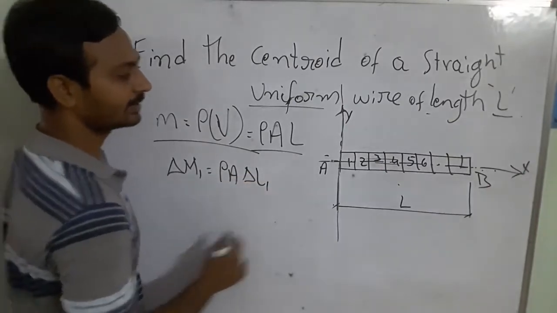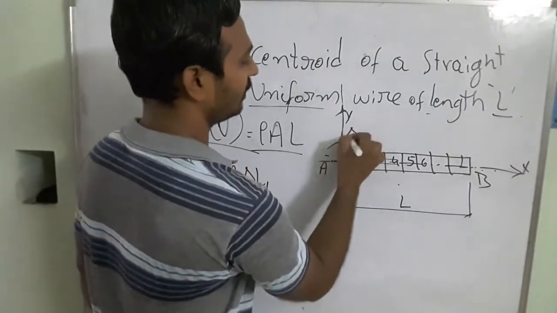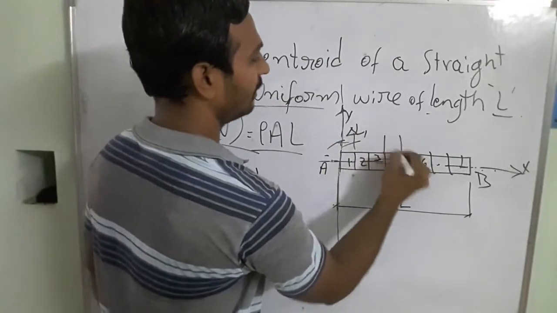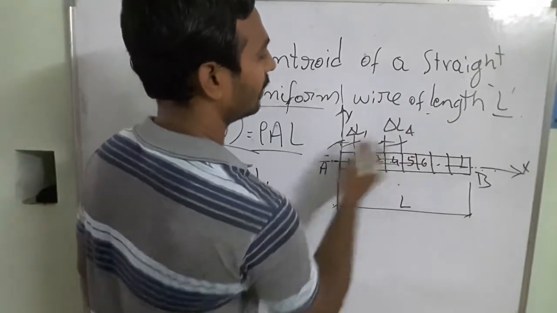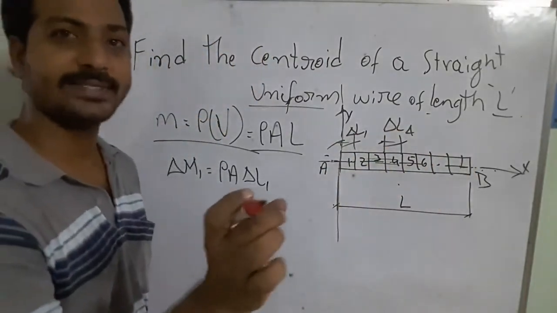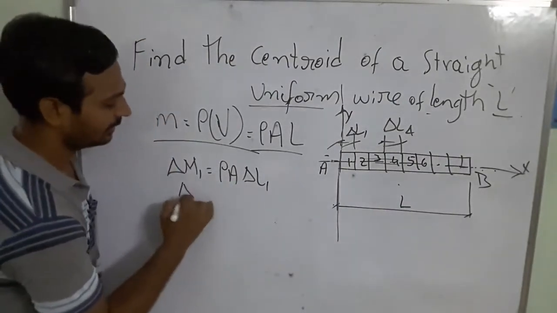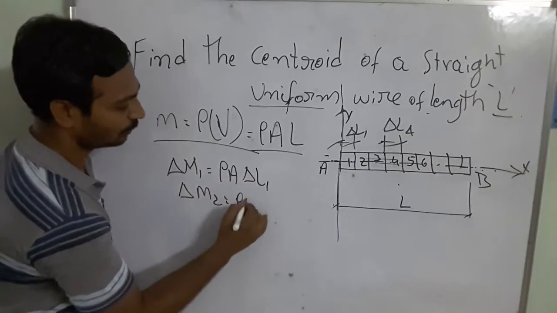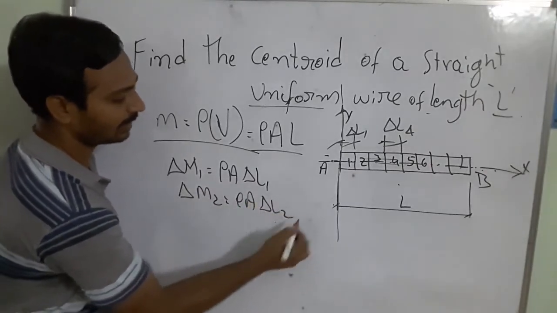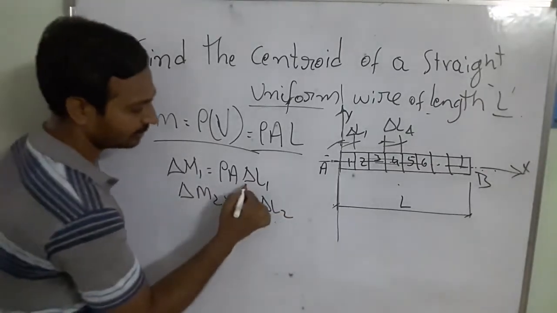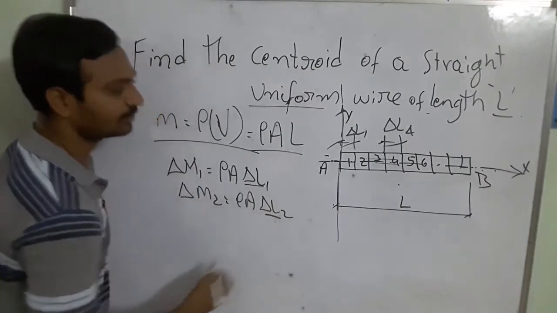The distance is L1, this is del L4, and like that each elemental strip has its own length. Similarly, del M2 is rho A del L2. These are the elemental strip lengths we have taken.